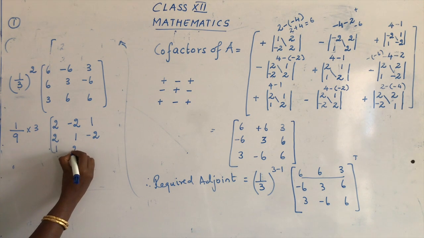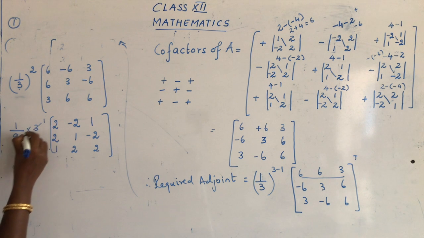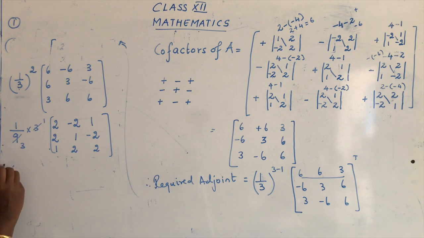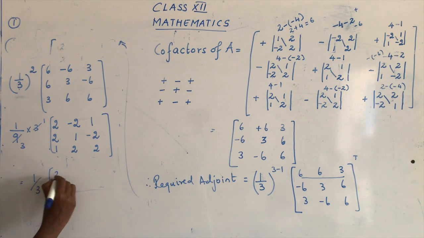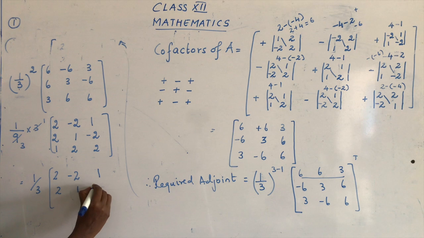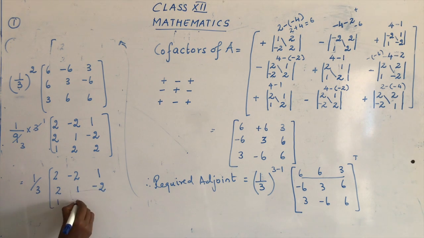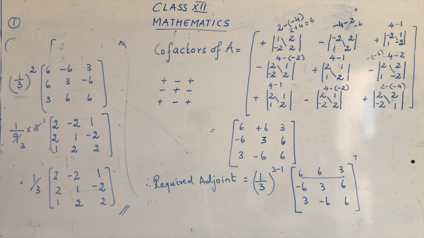So what's your final answer? 1 by 3 times 2, minus 2, 1, 2, 1, minus 2, 1, 2, 2. So this is our required adjoint.